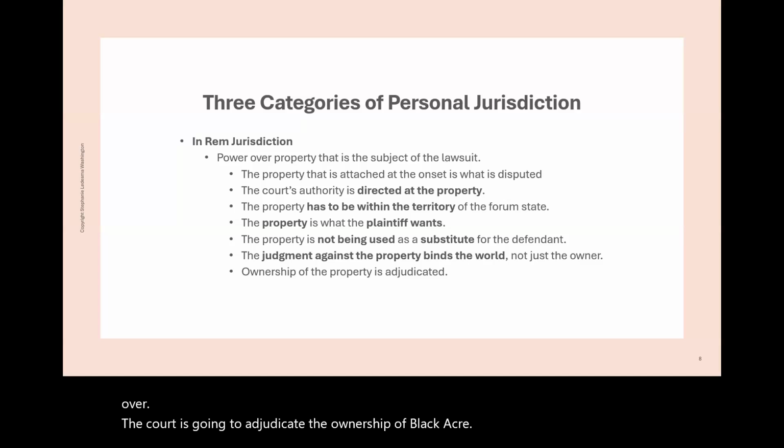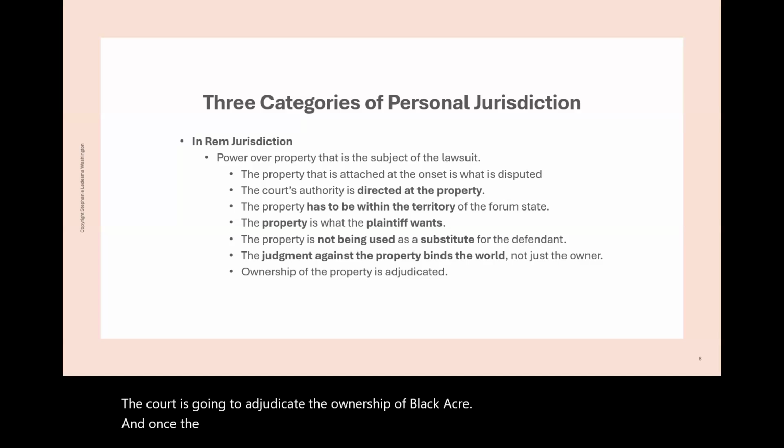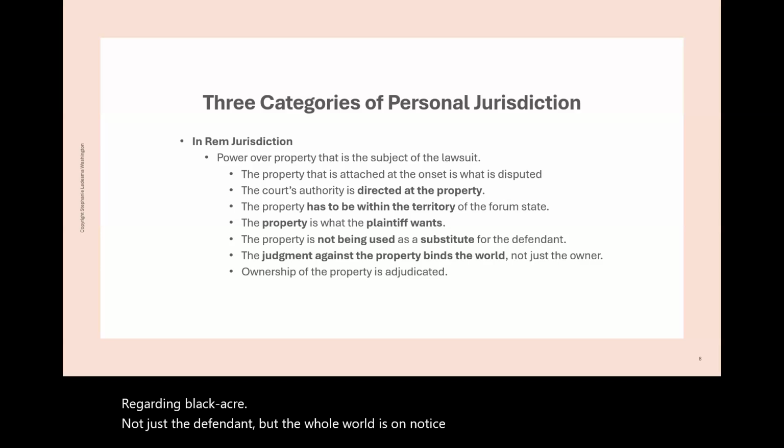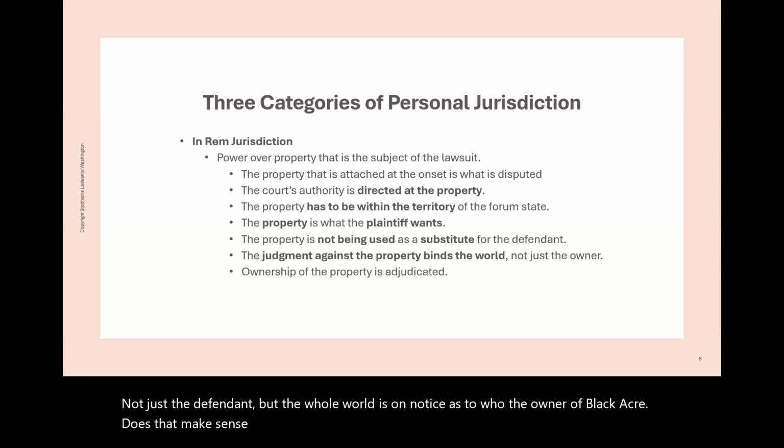And once the court enters an adjudication regarding Blackacre, not just the defendant, but the whole world is on notice as to who the owner of Blackacre is. Does that make sense? So it's the plaintiff who is suing the defendant specifically for this piece of land.